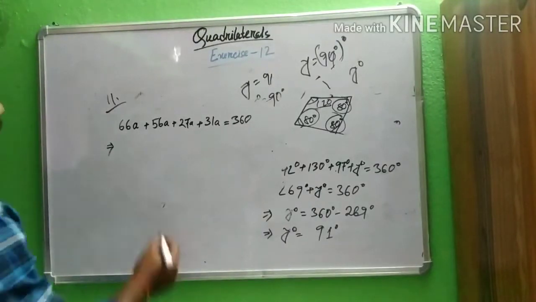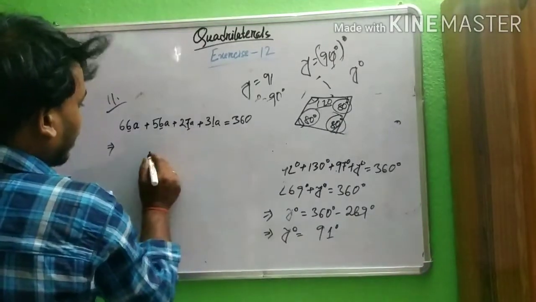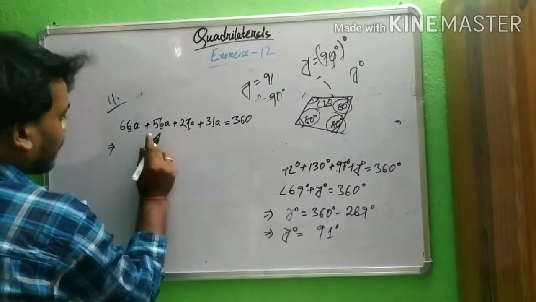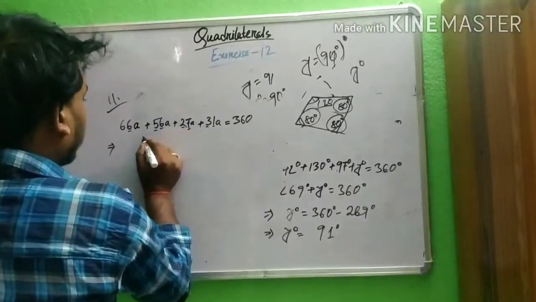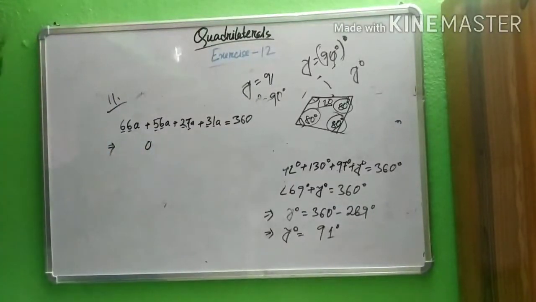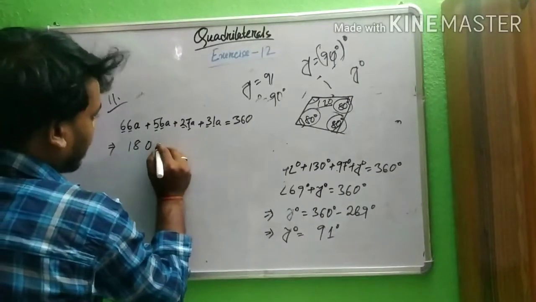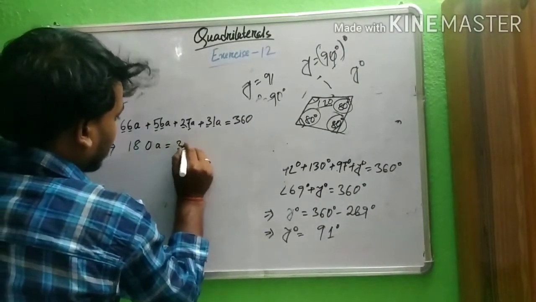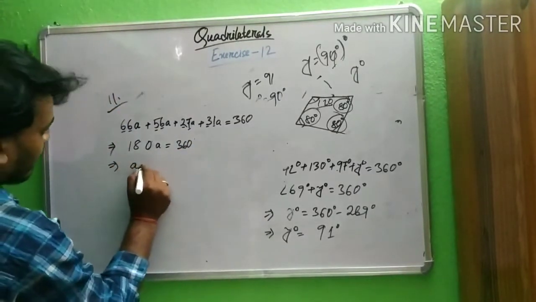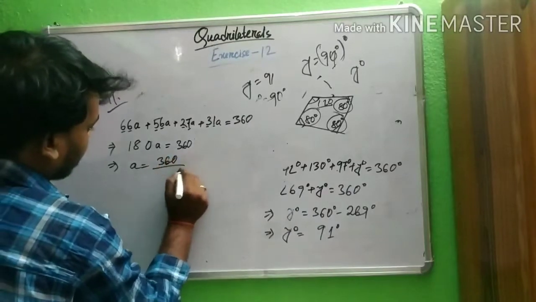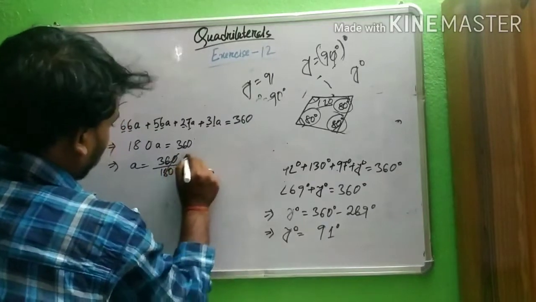So what is the value? 66 plus 56 is 122, plus 27 is 149, plus 31 is 180. So 180A equals 360. Value of A equals 360 by 180, that means 2.